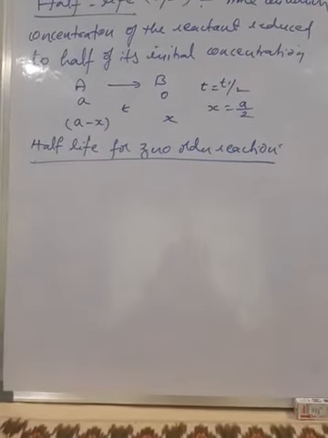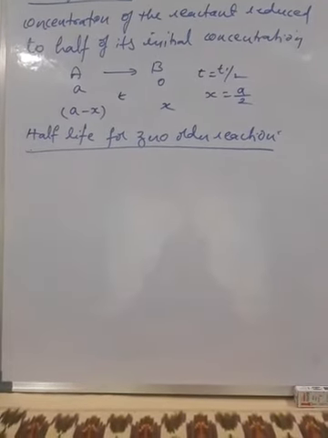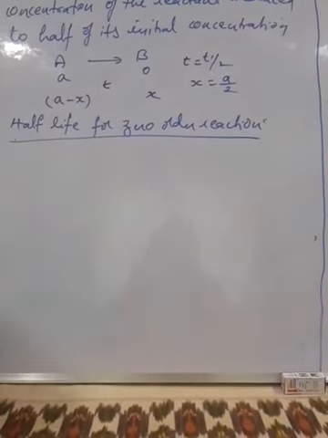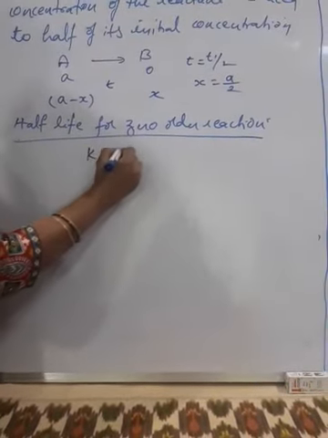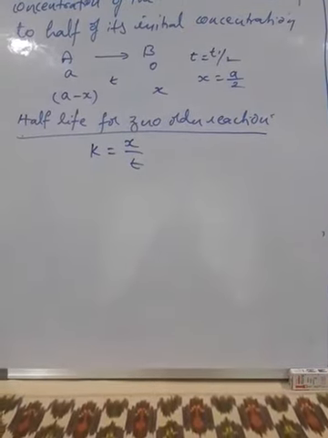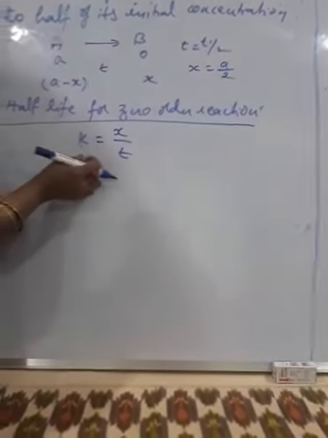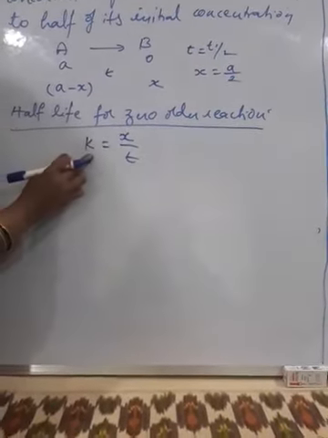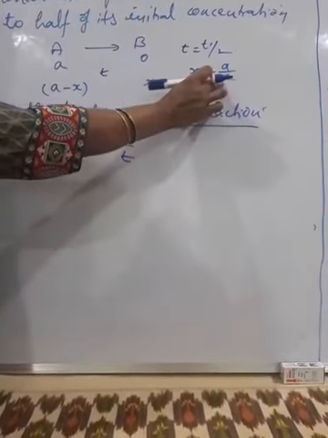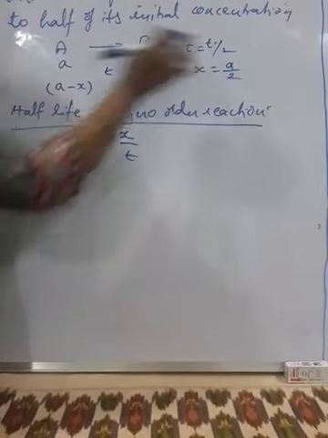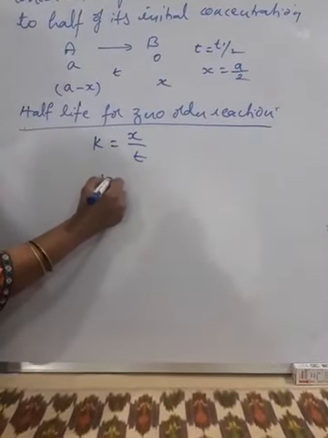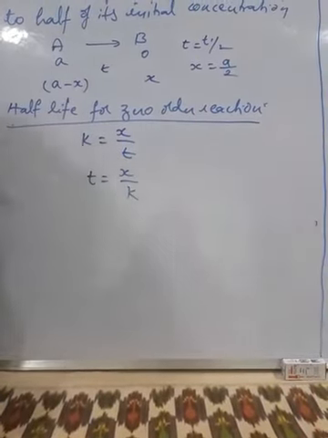The rate constant for a zero order reaction we can give as k is equal to x by t. This is the rate constant for a zero order reaction. What is x? a by 2. And t is t half. From this we can calculate t is equal to x by k.